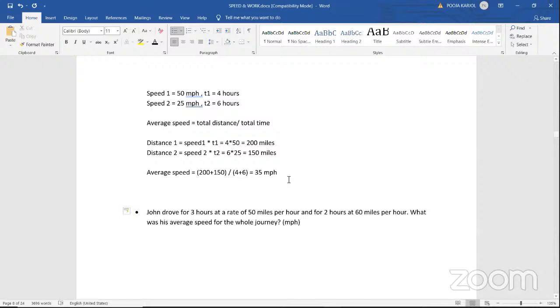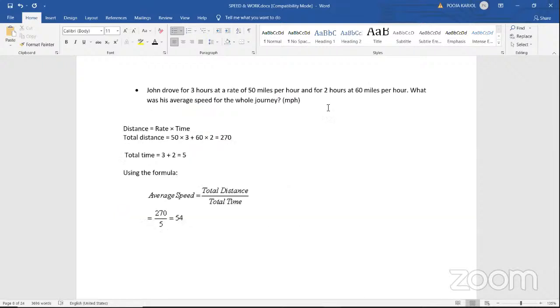Either the formula or the calculation may be wrong. 54.5. No, it doesn't come in decimals.